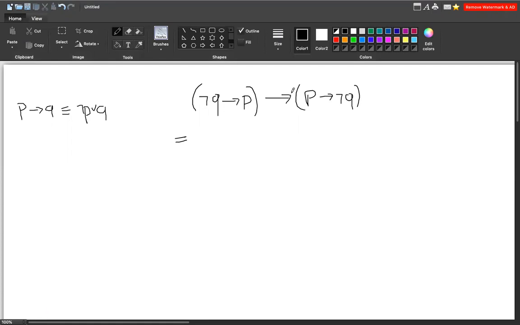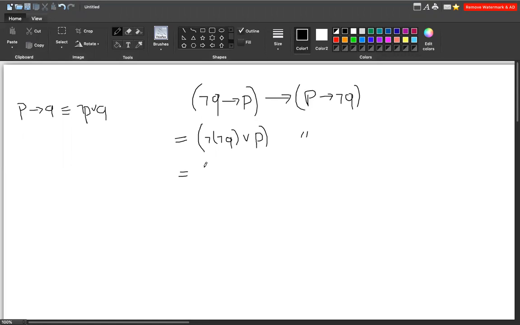Again, there are three implications inside, and we can reduce them using this rule. So let's apply this rule. In the bracket, this becomes negation of Q, the sign gets replaced by or, and this becomes P. The rest will follow over here.